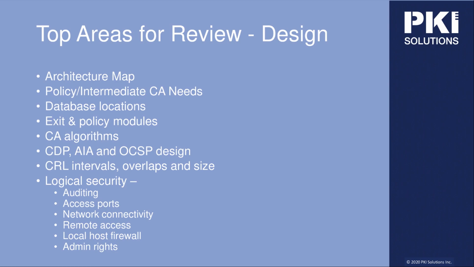Our general rule of thumb is we tend to assume most organizations need a 2-tier, an offline root CA and an issuing CA. And those organizations that have a specific need to restrict what their subordinate CAs are doing because it's either in a vulnerable place like a DMZ or a factory manufacturing floor or managed by an outside partner, you may want to have a policy CA in place.